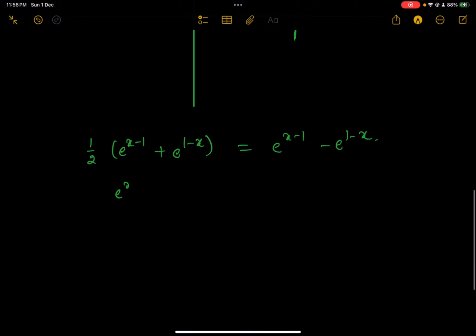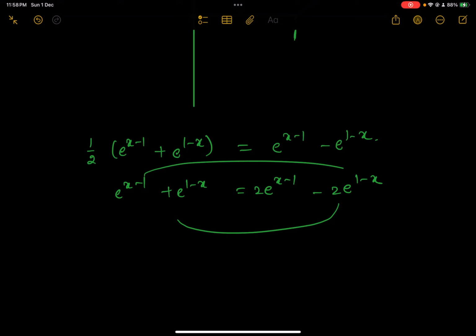So this will be e to the power x minus 1 plus e to the power 1 minus x is equal to 2 e to the power x minus 1 minus 2 e to the power 1 minus x. So bring this to this side and take this to that side. So 3 e to the power 1 minus x equals e to the power x minus 1.